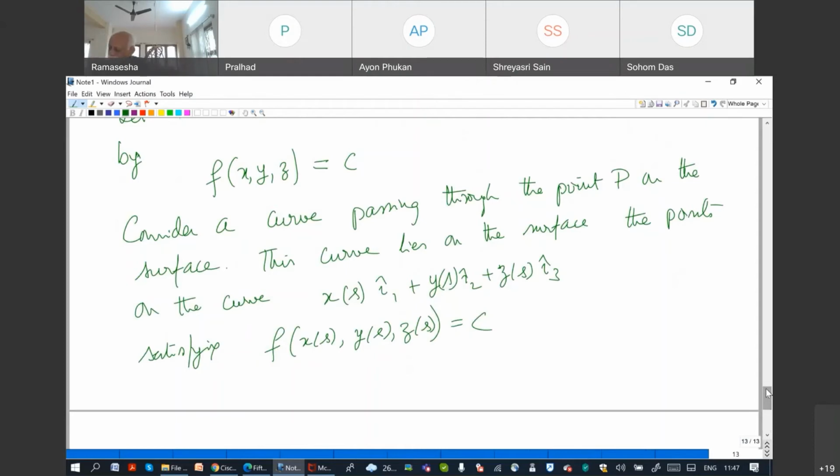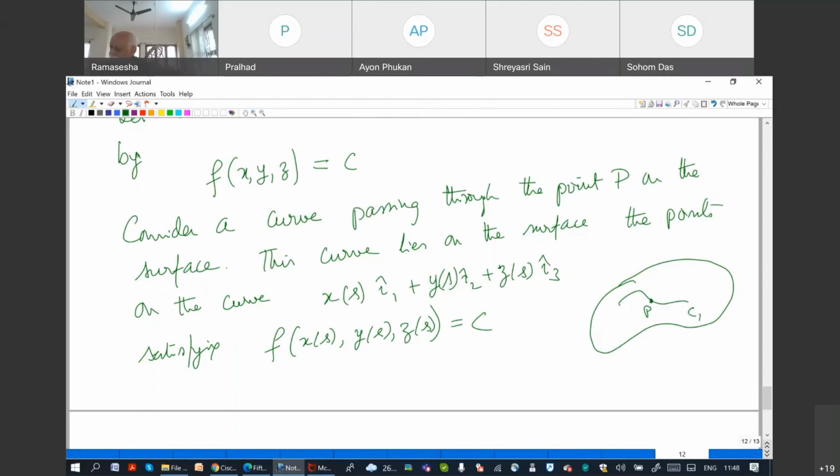So I have taken a surface, and I have put a curve on it passing through the point P. Let us call this curve C1. C1 is defined by x(s) I1 plus y(s) I2 plus z(s) I3, because that is the equation of the curve C1.